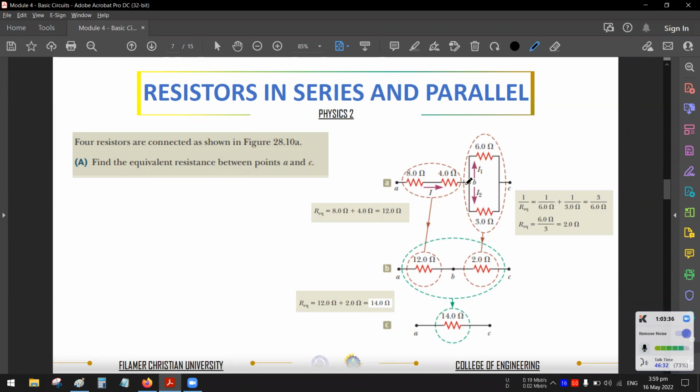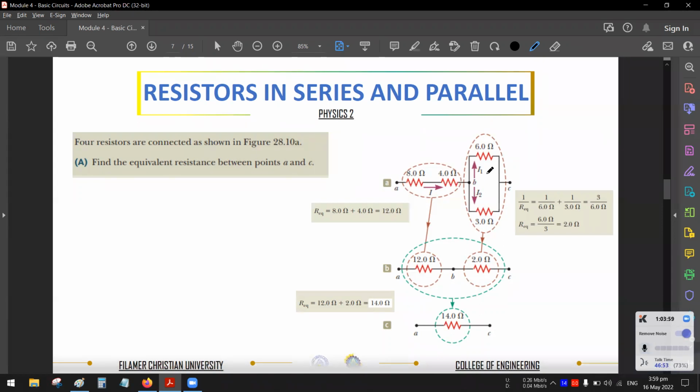Okay? So, for this example, meron tayong 4 resistors na connected siya. Ito. So, 1, 2, 3, 4. Okay, meron tayong 4 resistors. Yung dalawang pair connected in series, yung dalawang pair naman connected in parallel. Okay?